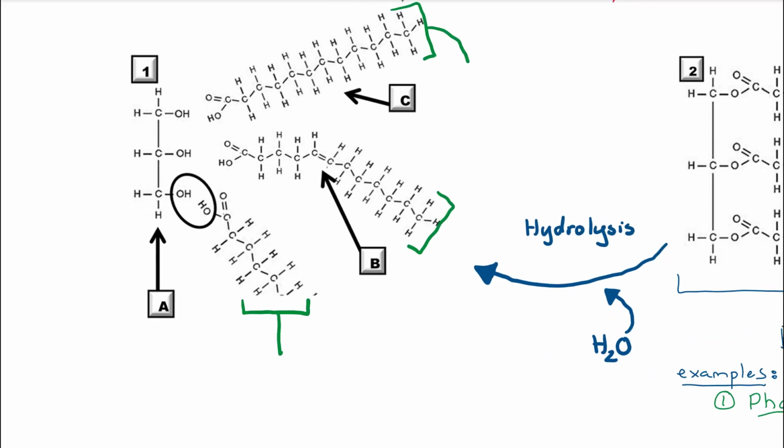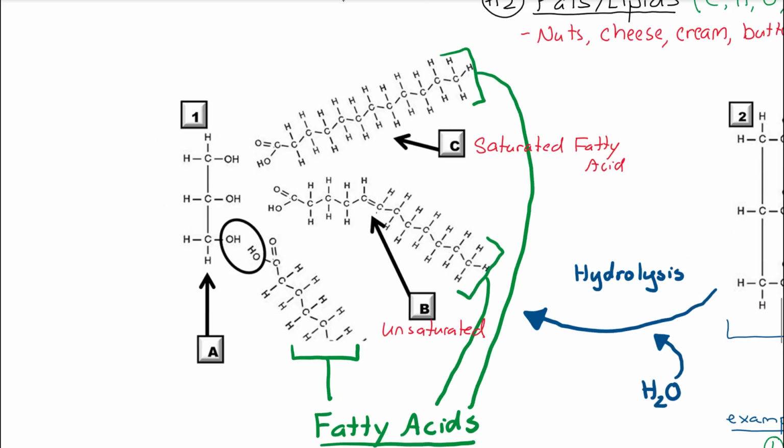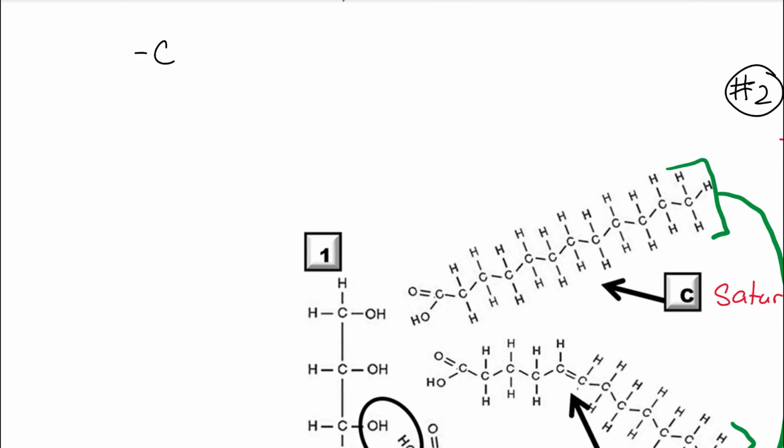And fats are broken down into these building blocks, these 3 long carbon-hydrogen chains called fatty acids. Some are saturated and some fatty acid chains are unsaturated. Let's take a look. Carbon is a unique atom. It could bond to 4 things at once. When all 4 bonds are taken, it's saturated.